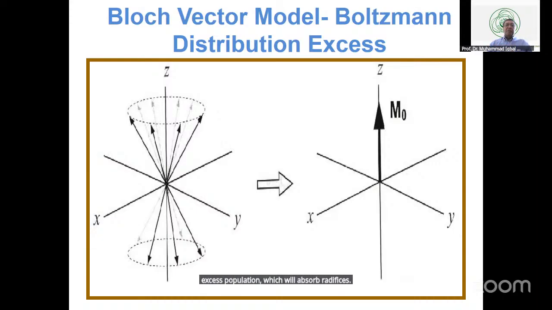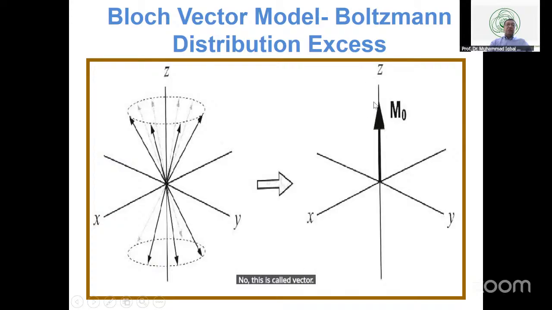The net absorption of radio frequency will be only by M naught. Okay, so M naught is the one which is in the direction of Z.